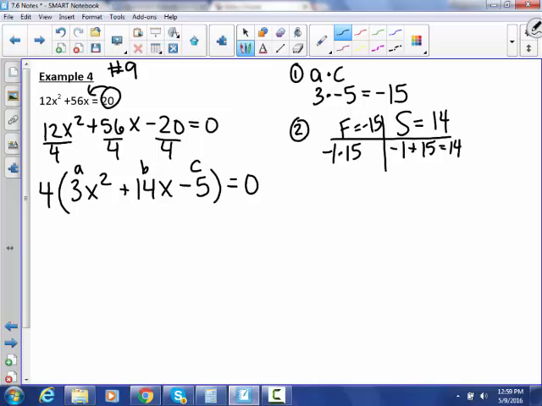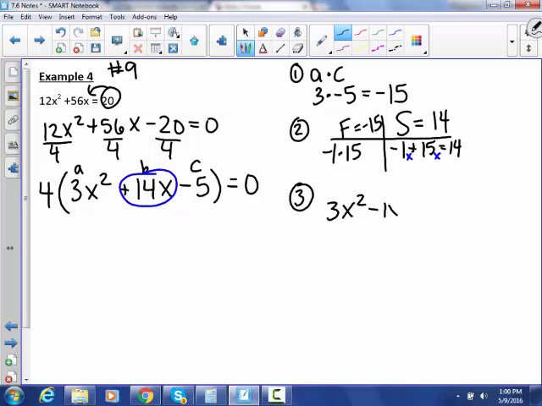We have to do that factor by grouping thing, which is not fun, but we're just going to have to do it. So remember, we rewrite this one, but we don't put this b in. Instead, we put these two things in place of the b. So we've got 3x squared, and instead of that b, we're going to put these two that add up to be 14.